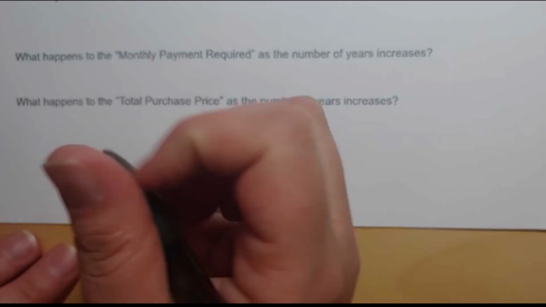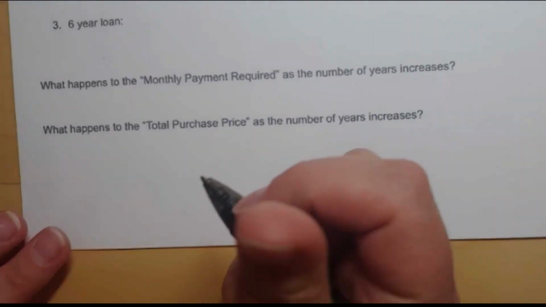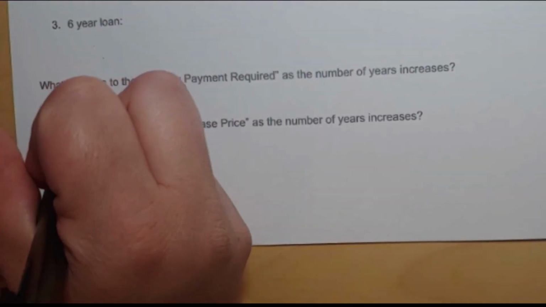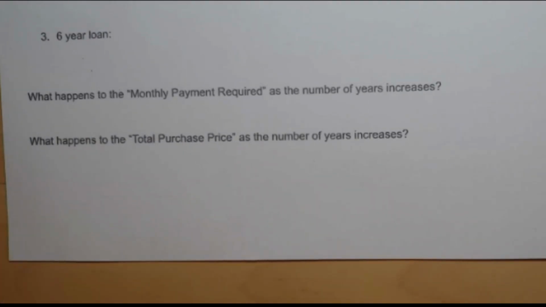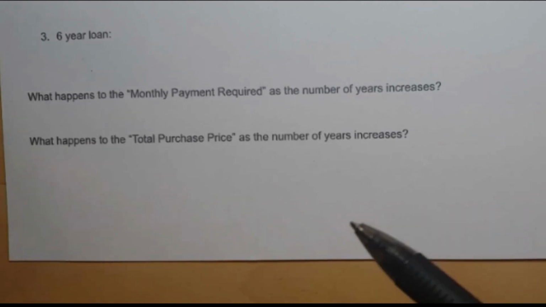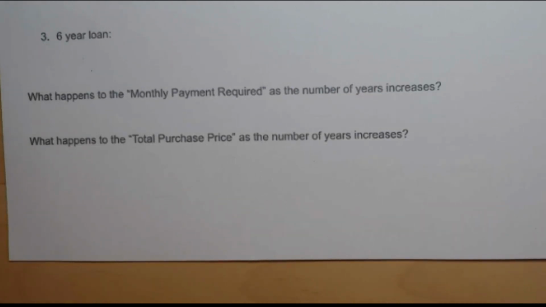So the whole unit, we're going to talk about car insurance next. We're going to talk about gas, because when you're choosing your car, think about the mileage on it, meaning how many miles per gallon this car is using.